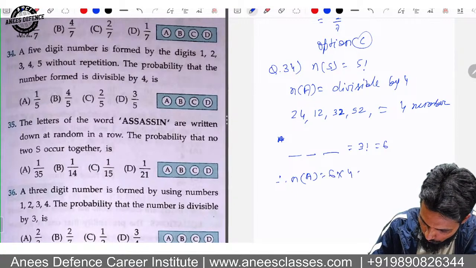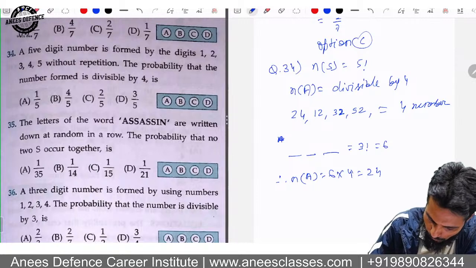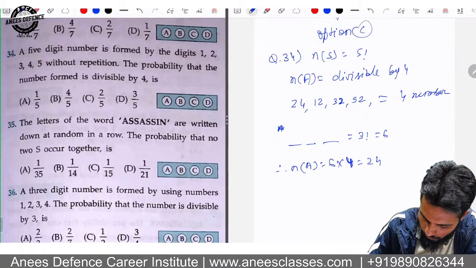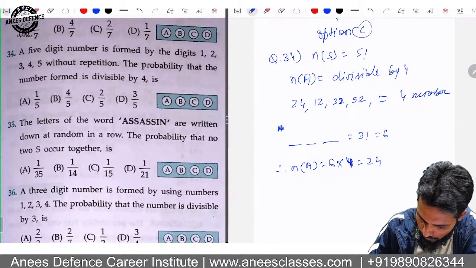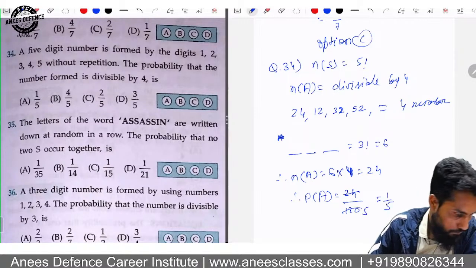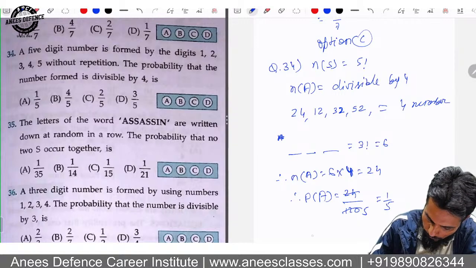So you are going to get 24 such numbers which will be divisible by 4 out of those 5-digit numbers. The probability will be equal to 24 divided by 5 factorial, which is 120. 24 by 120 is 1 by 5. 1 by 5 is option A.